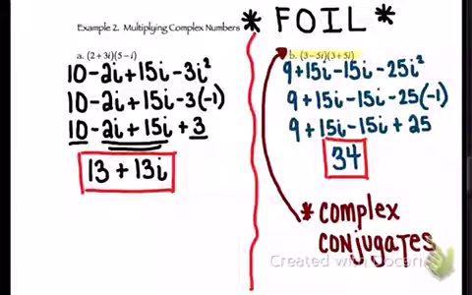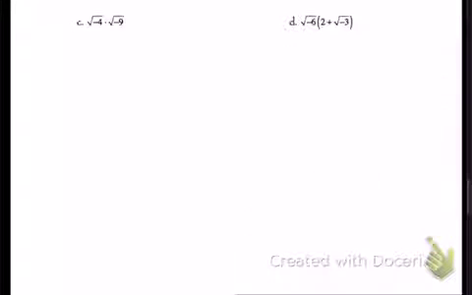That outside and inside term cancels itself out. I would put in my notes that when you multiply complex conjugates, the outside and inside will always, 100% of the time, cancel each other out. You should be able to save yourself some time when you notice complex conjugates. You'll only have to multiply the first and the last terms together. Something I think is very important to put in your notes.